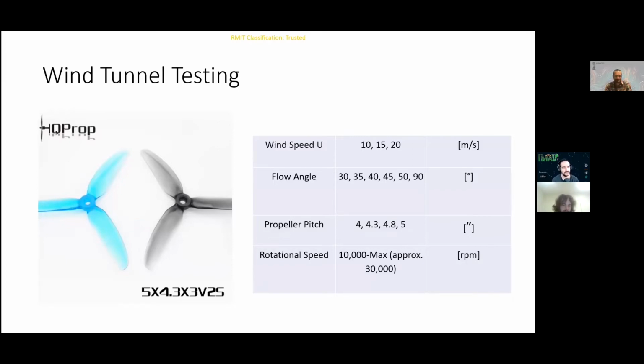So these ones are polycarbonate as well. Okay. And the whole testing series was done with the same material. For the most part, it's the only material you can get these propellers in these days. It's almost completely universal.